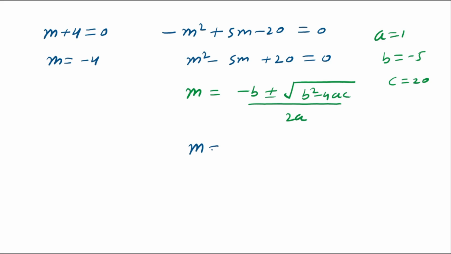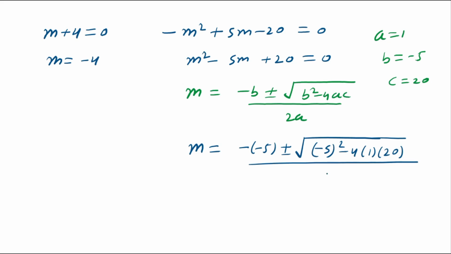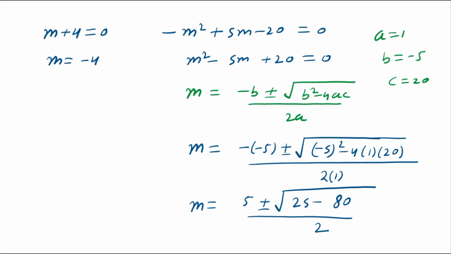Then m is equal to minus, value of b is minus 5, plus minus square root of b is minus 5 square minus 4 times a is 1 and c is 20, divided by 2 times a, and value of a is 1. Then m is equal to minus multiplied by this minus 5, then you will get plus 5 plus minus square root of minus 5 square is 25 minus 4 times 20 is 80 and divided by 2.